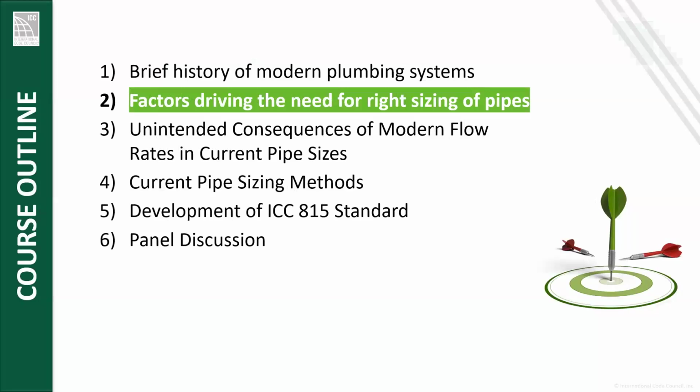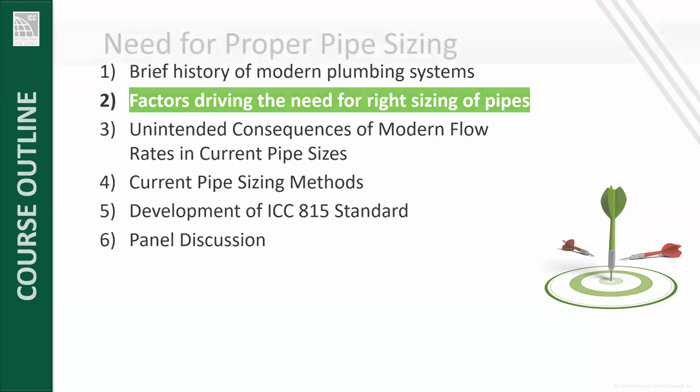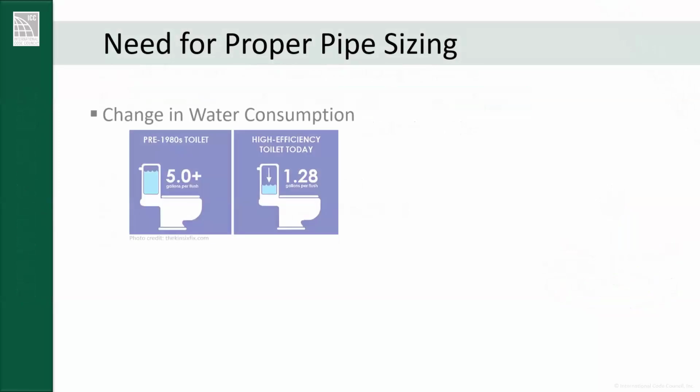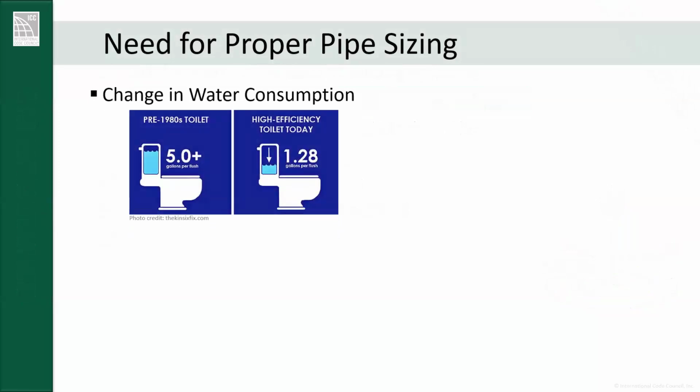Right now we're into section 2. So what are some of the factors that are driving the need for right sizing of pipes? So the first one is changing water consumption.